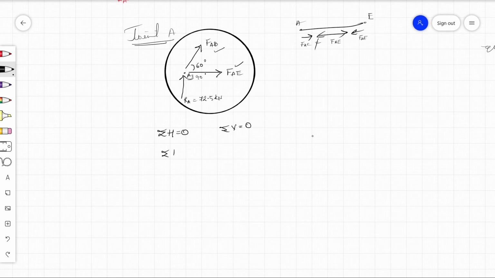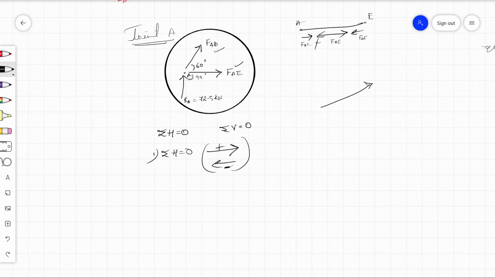I apply summation of horizontal force equal to 0 as the first equation. What is the assumption we make? Whichever is going in this direction is positive, and whichever is going in the opposite direction is negative. Now you're already very good with sine theta and cos theta, the x component and y component, so I will not teach you individually again.